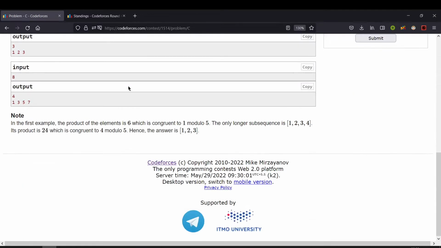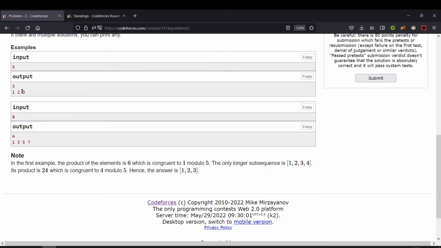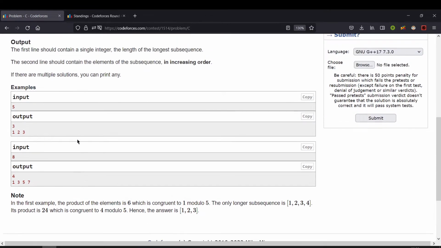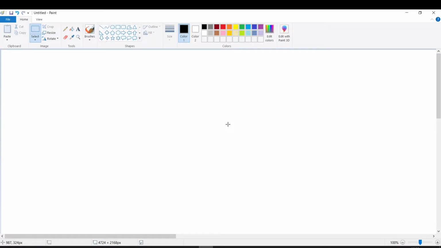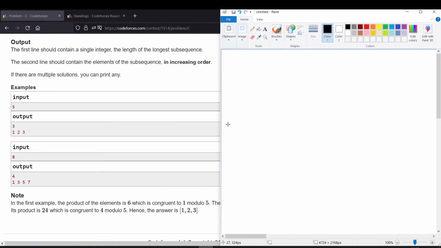I think we need not produce all the subsets, or I mean, we need not produce all the possibilities like n plus 1 to n plus 1 and so on. What I have observed is, if I take any number, let's say it is n, so 8.